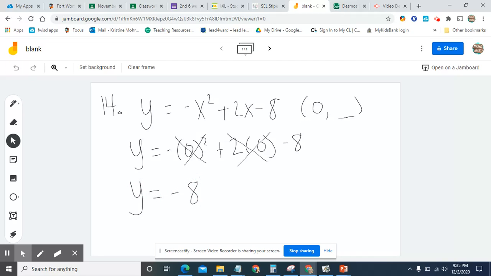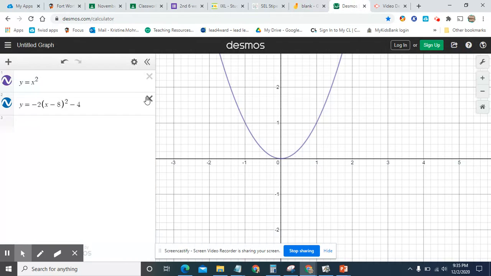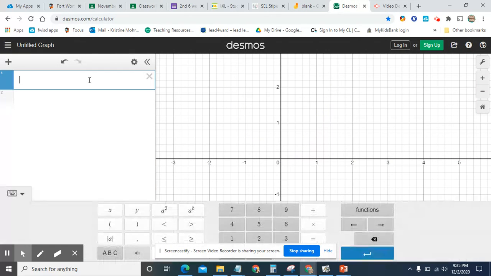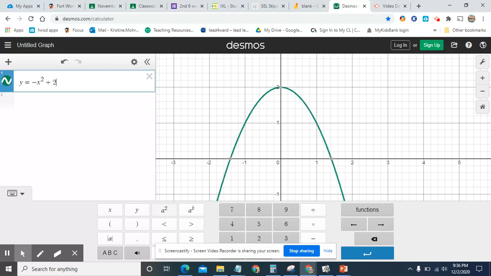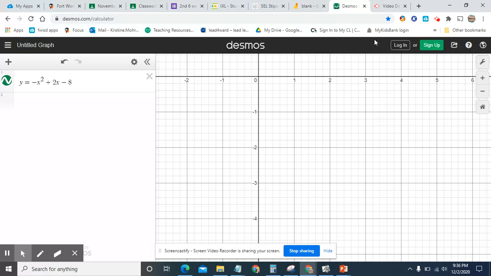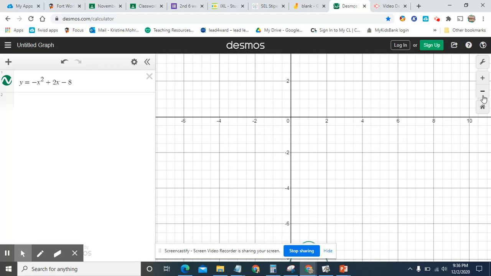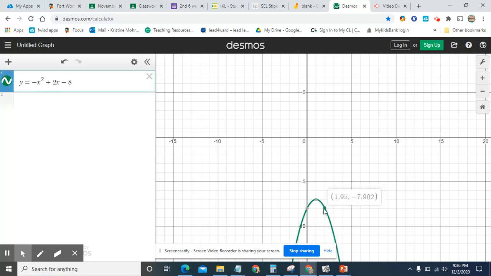And if we graph and check our work, we're going to graph this whole equation: y equals negative x squared plus 2x minus 8. So let's look. Where's that graph at? Oh, all the way down here.